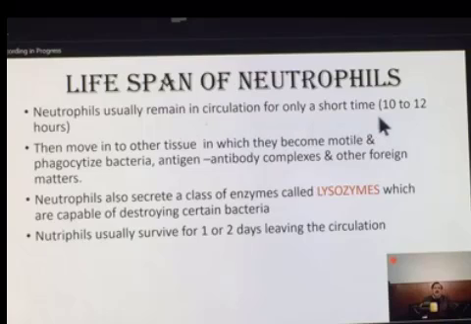In the circulatory system, they remain for 10 to 12 hours. Then they move to the other tissue in which they become motile and phagocytize bacteria, antigen-antibody complexes, and other foreign matters. Neutrophils also secrete a class of enzyme called lysosome, which is capable of destroying certain bacteria. Neutrophils usually survive for 1 to 2 days, leaving the circulation.